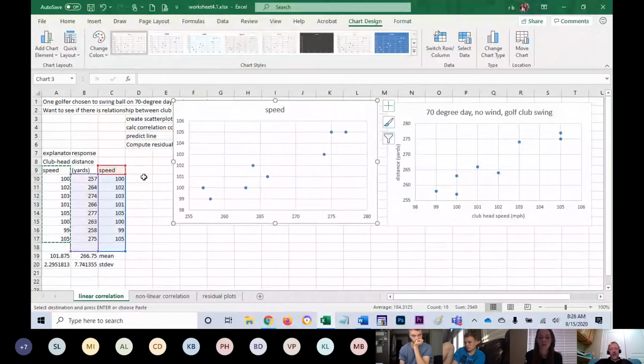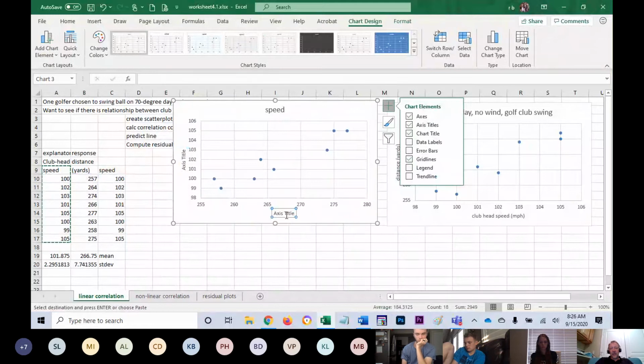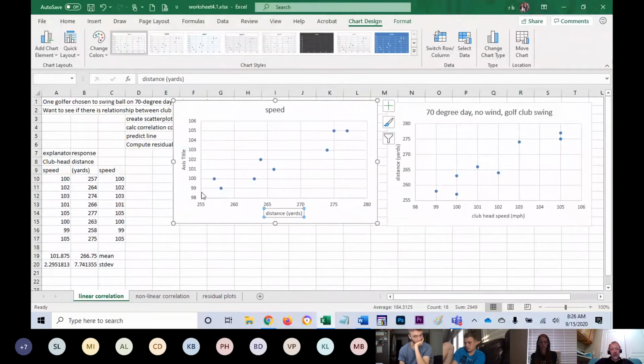Usually, in this case, the way I've drawn this is going to be distance in yards, and this is club head speed in miles per hour.